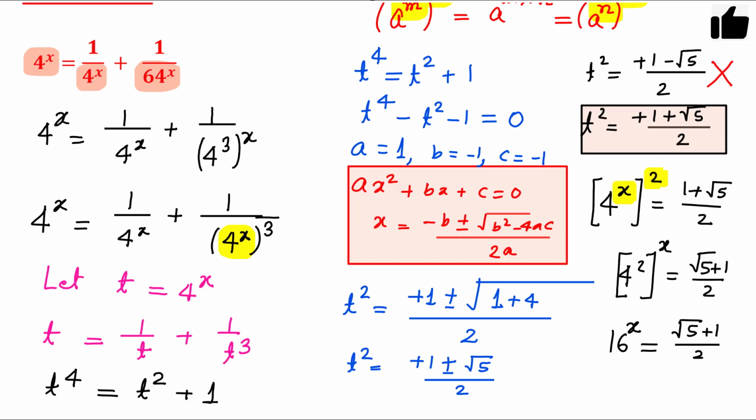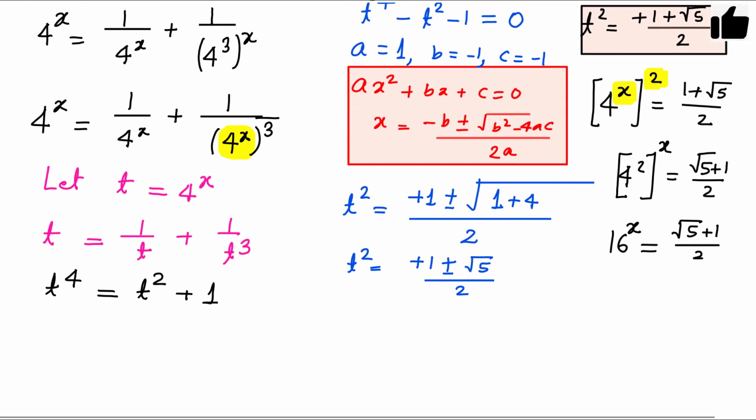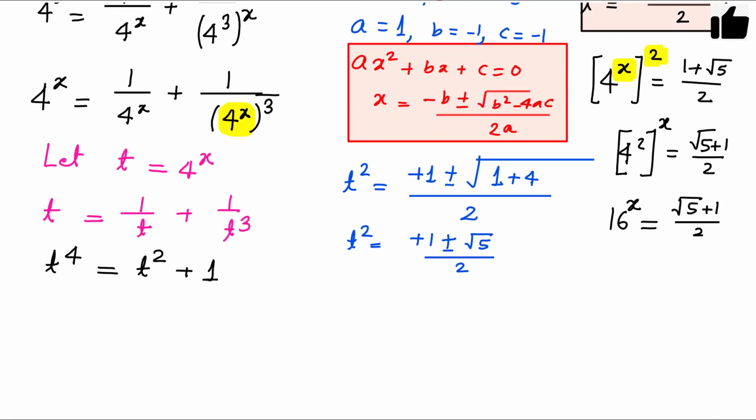So from here, how will you find x? Of course, you have to take log. So let us take log and solve this problem finally. So you have 16 raised to the power x is equal to root 5 plus 1 by 2. And now if you take log, so log of 16 raised to the power x, and in this case the base is 10, is log of root 5 plus 1 by 2.